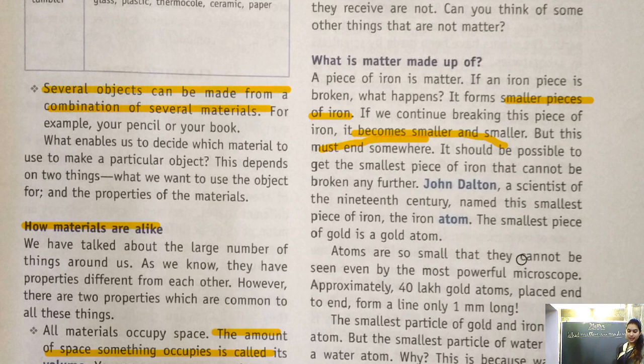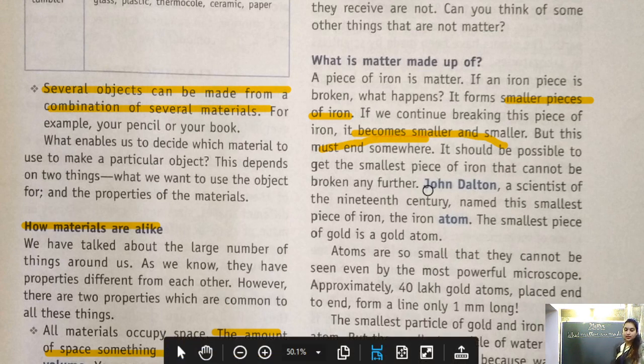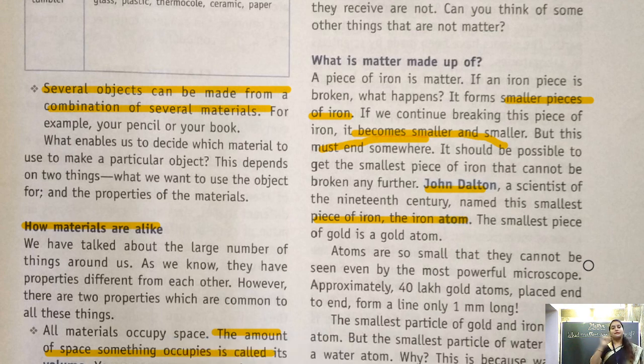So you got this line? John Dalton, children, this is very important. John Dalton, a scientist of the 19th century, named this smallest piece of iron as iron atom. That smallest piece which cannot be further divided, John Dalton gave that term as atom.